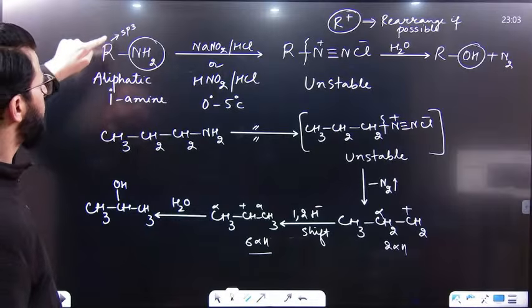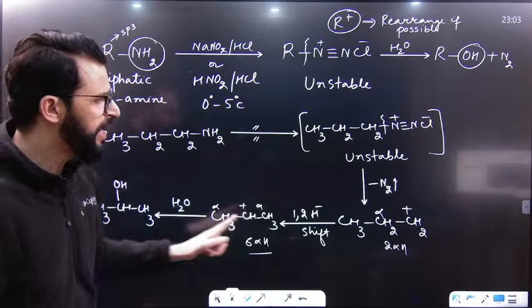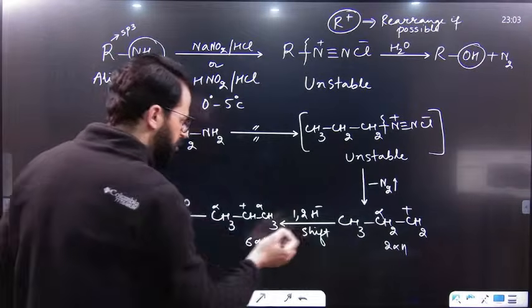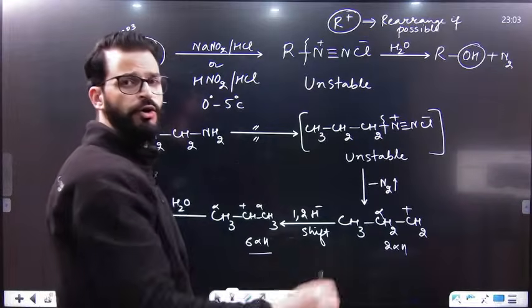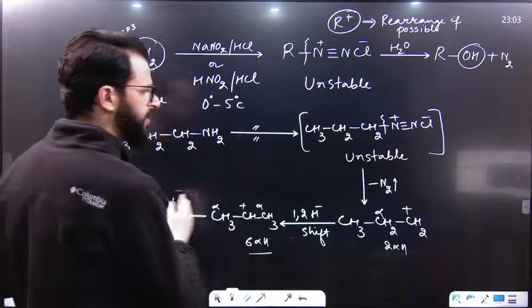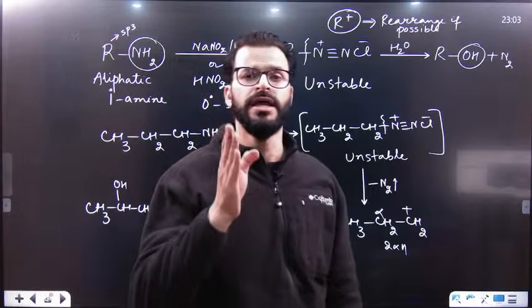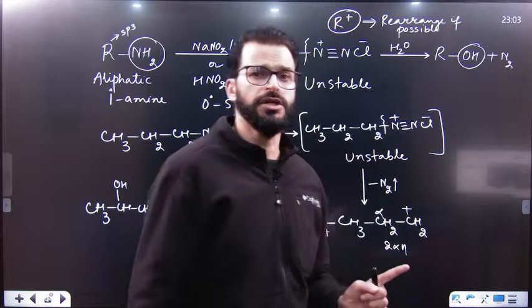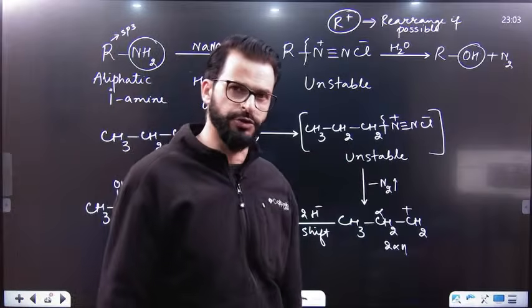If that carbocation undergoes rearrangement, you have to rearrange it. First form the carbocation over here, rearrange it wherever the carbocation becomes more stable, and add OH there. That's it. That's the reaction. And this reaction can be used as a test for aliphatic primary amine because this is the only amine which at this temperature, or under ice cold condition, can evolve nitrogen gas.